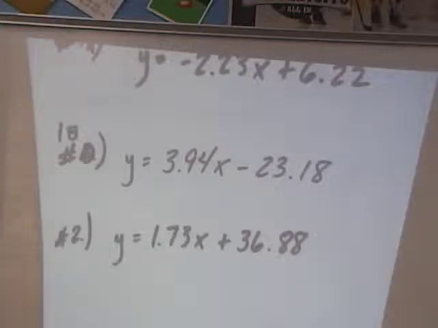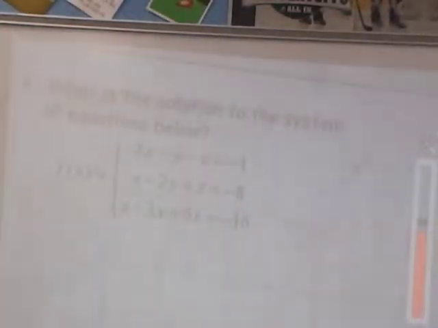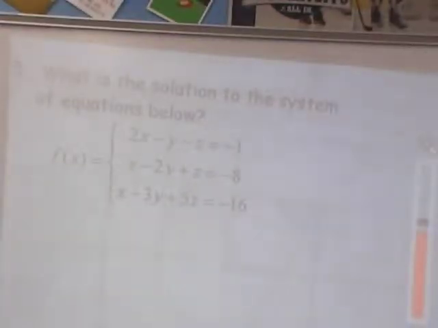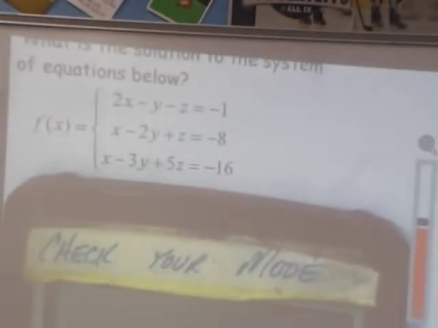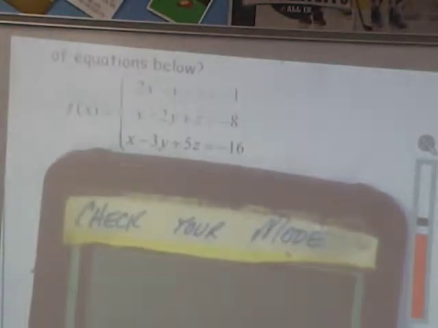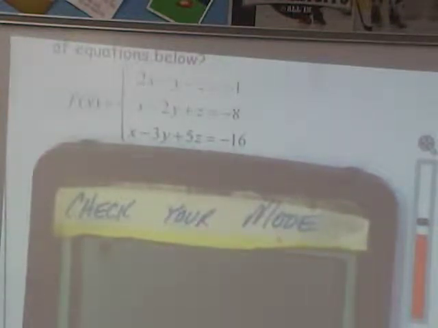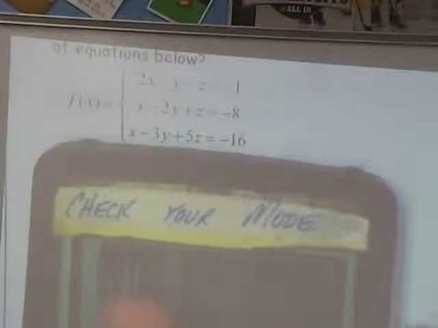Okay, number 3. Number 3 is a system with 3 variables and 3 equations. Remember, you got to enter the matrix to do that. Second matrix, we want to edit the A matrix, so arrow over to edit.